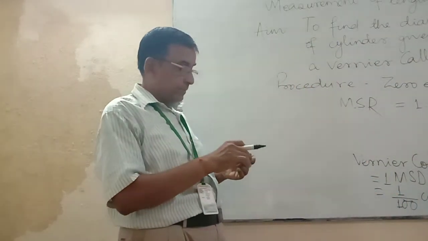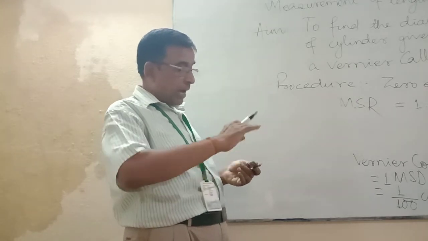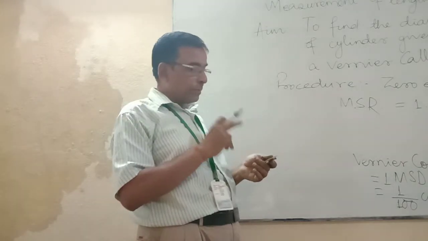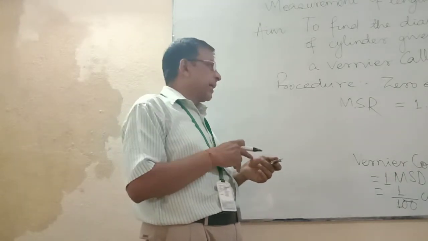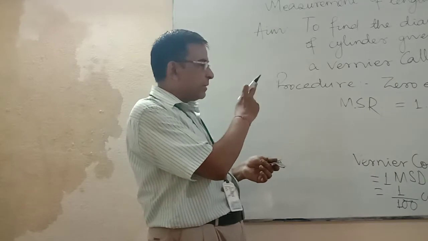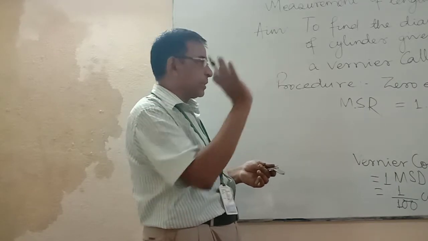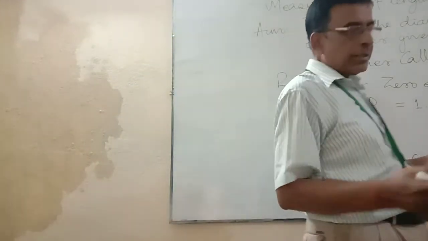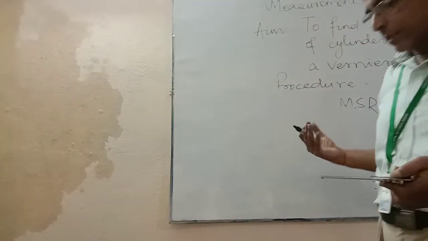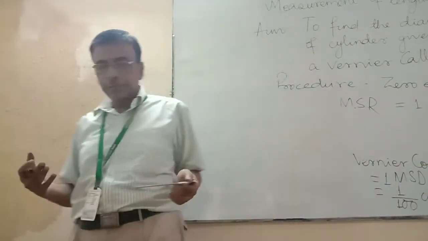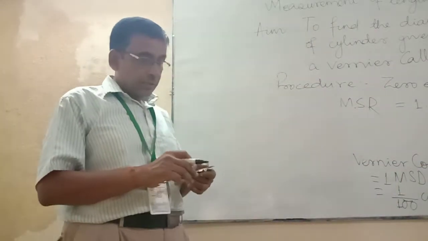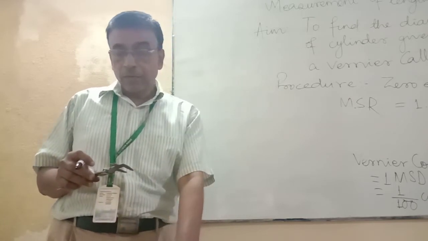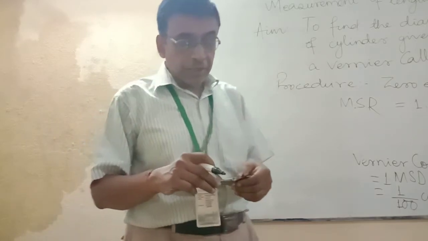Because it is after 1.2 but before 1.3, it must be between 1.2 and 1.3. Am I right? So that must be added for the precise value. Let us now see the vernier coincidence.